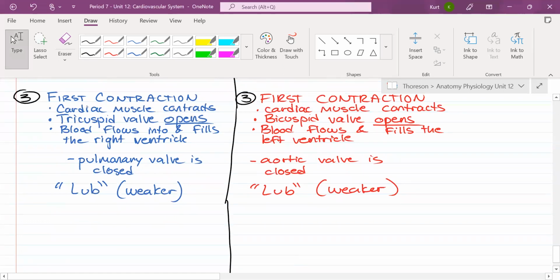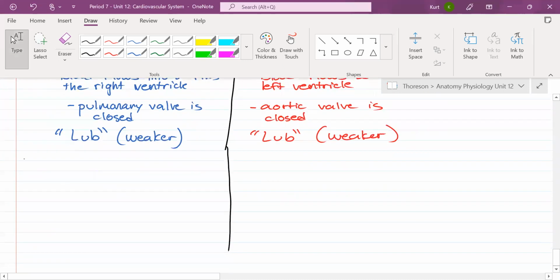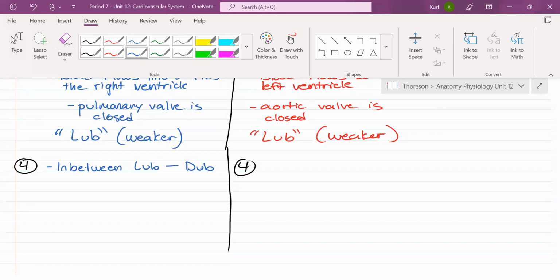So right now, blood has poured from the atrium into the ventricle on both sides of your heart. Let's go on to step 4. Step 4 is going to be easy. This is in between contractions. So when you hear lub dub, lub dub, lub dub, this is that brief little gap between lub and dub.